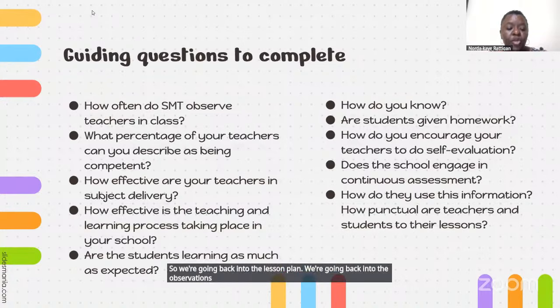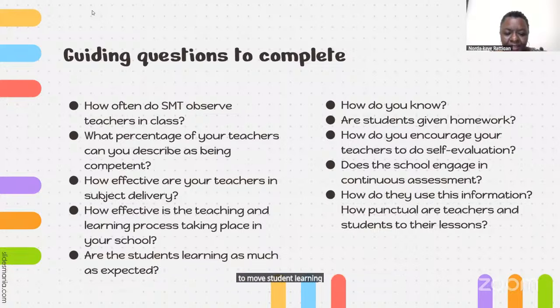I can't say it enough: we need to observe our teachers. Because if we don't, we miss the things that we need to center on to move student learning. I know that we are busy sometimes, but we have to make an effort to make our jottings. And don't just keep them to yourself. You need to speak to the teacher as well.